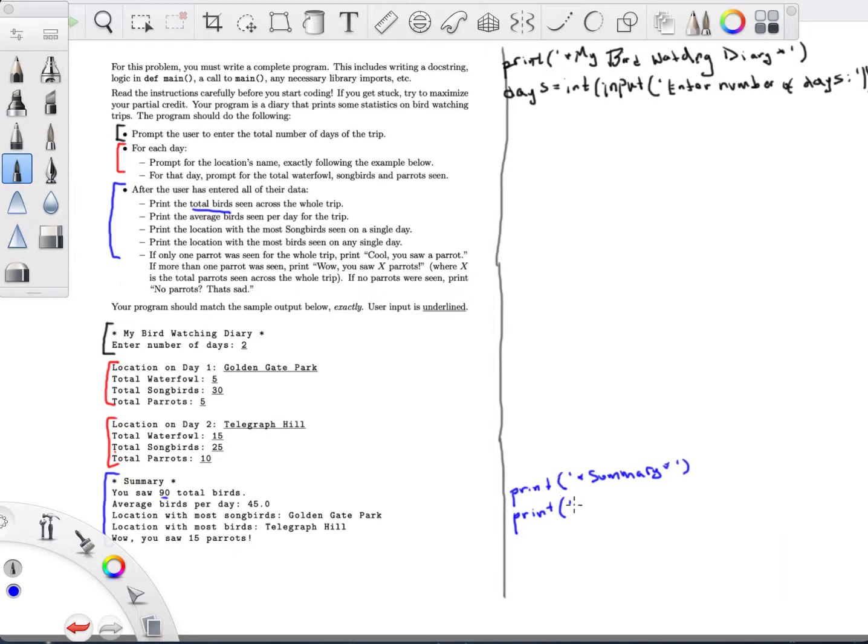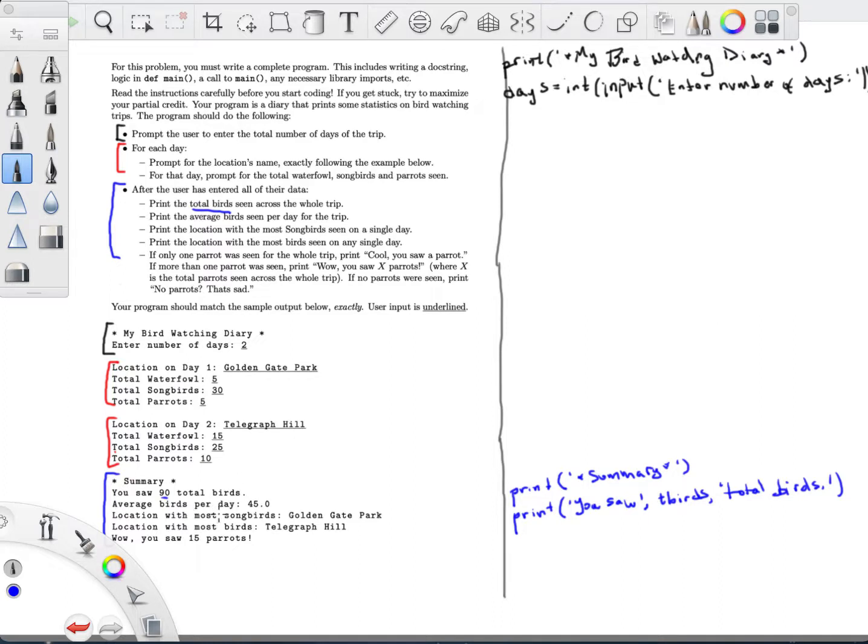So I can say you saw, and then put comma, t birds, total birds. And that's a good reminder that I need to figure out the total birds and put it into some variable called t-birds. I can do that with all the other ones as well.